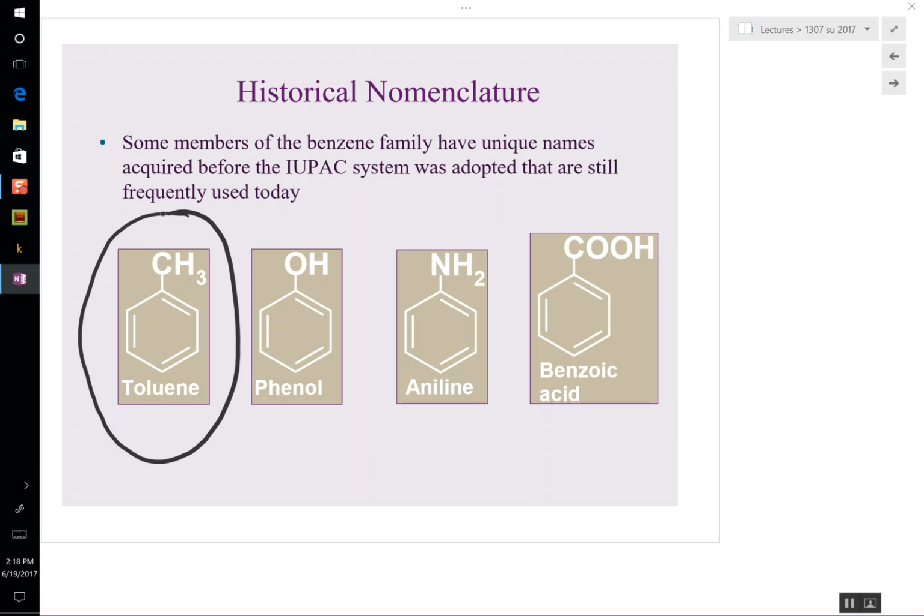So benzene is the IUPAC name and the common name. It was called benzene when IUPAC came into being, and they said, we're just going to adopt that name as its official name. And toluene, I guess you could call it methylbenzene, but it's most often called toluene.